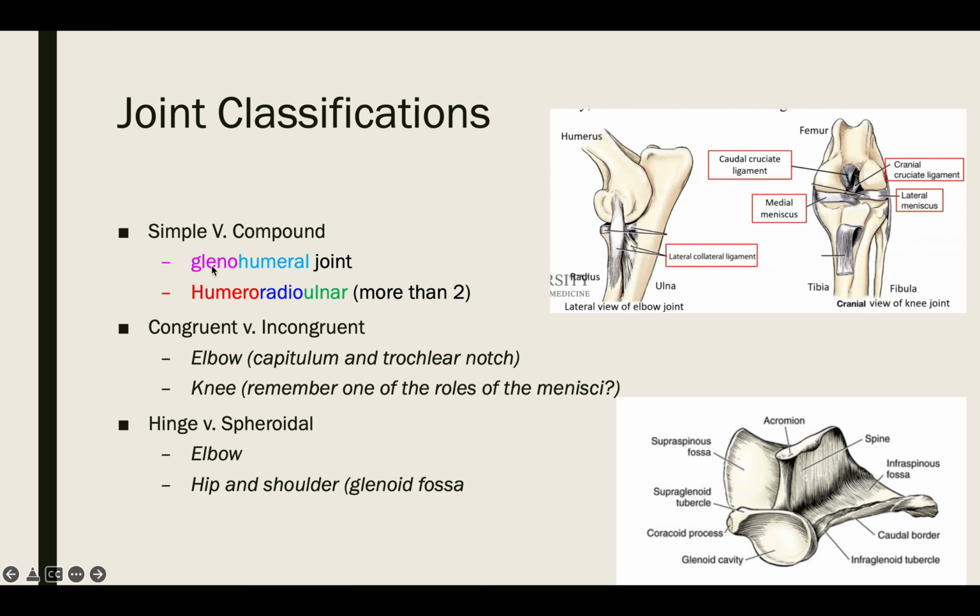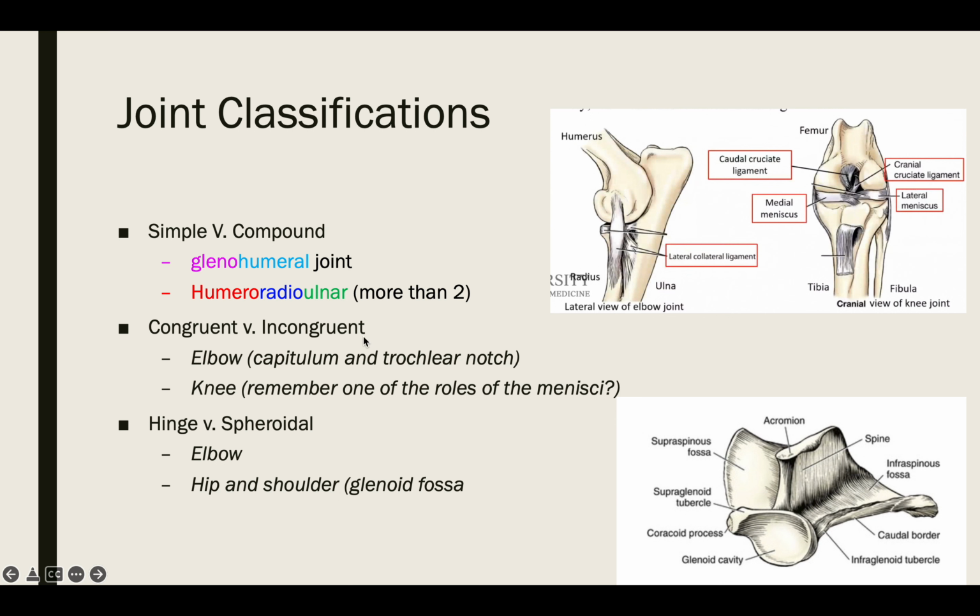So that's going to have only 2 bones making up that joint. So that's going to be a simple joint. You're going to have your humeroradial ulnar joint, which is over here. That's going to have 3 bones making that up. So that's going to be more than 2. It's going to be a compound joint.